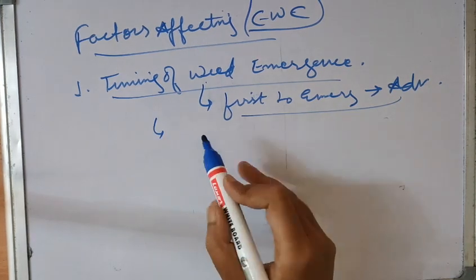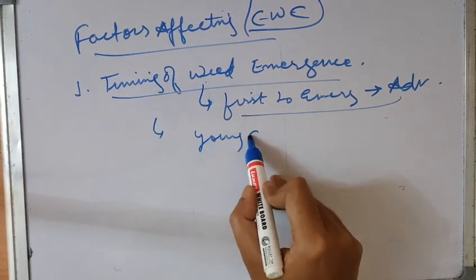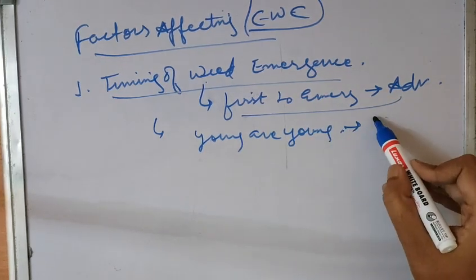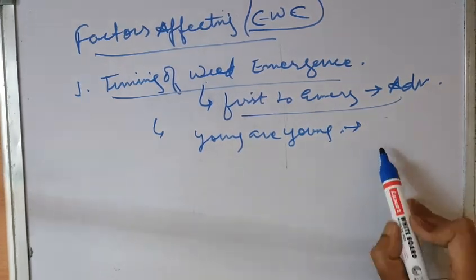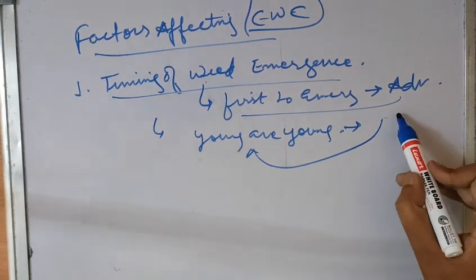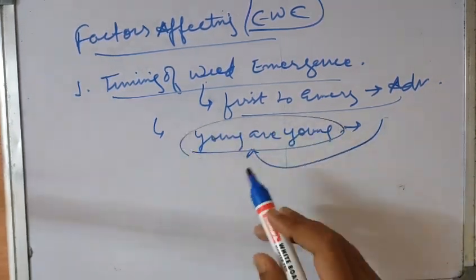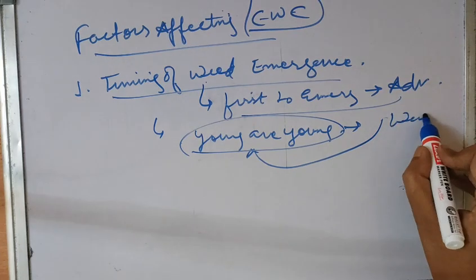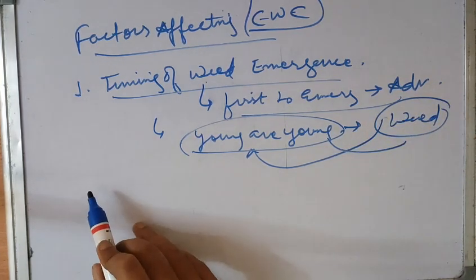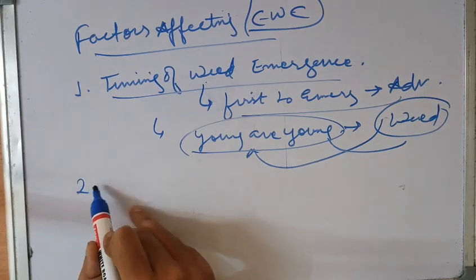When weeds emerge when crops are young, they are the most effective. That is, they will reduce the yield at the most significant levels. Because crops are young, they are still in the establishment phase, and weeds which have been established earlier will put some limitations on crop yield.